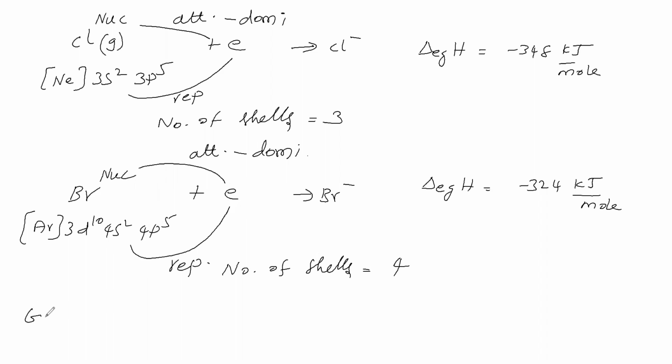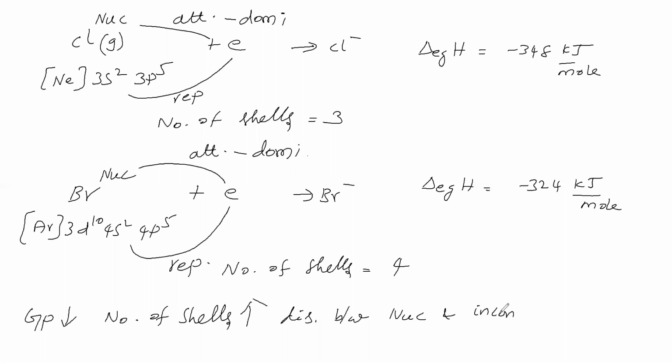Now we will take down the group. This is the halogen family: chlorine, below chlorine bromine, then below bromine iodine, like this. Down the group, the number of shells increases, chlorine 3 shells, bromine 4 shells. So the distance between the center of the nucleus and the incoming electron increases.